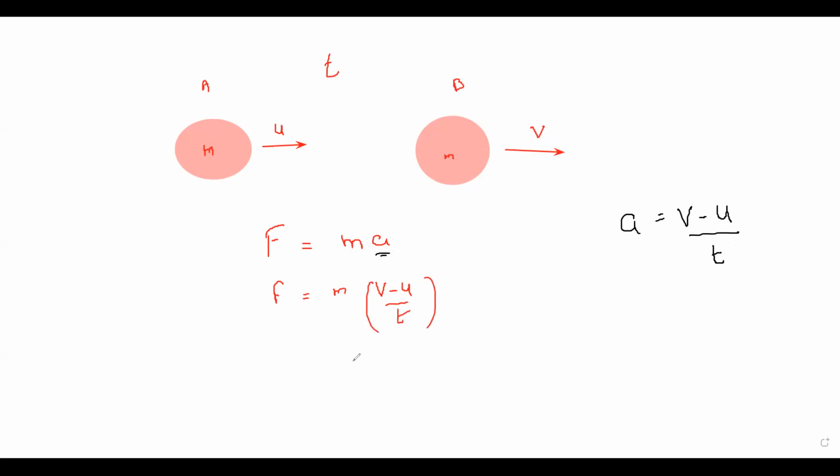When we multiply by m, it comes out as F equals (mv minus mu) divided by t. What is mv? Mass into velocity. Mass multiplied by velocity is called momentum, but because it's the final velocity, this is the final momentum. And here, what is mu? Mass multiplied by velocity, so that will be equal to the initial momentum.